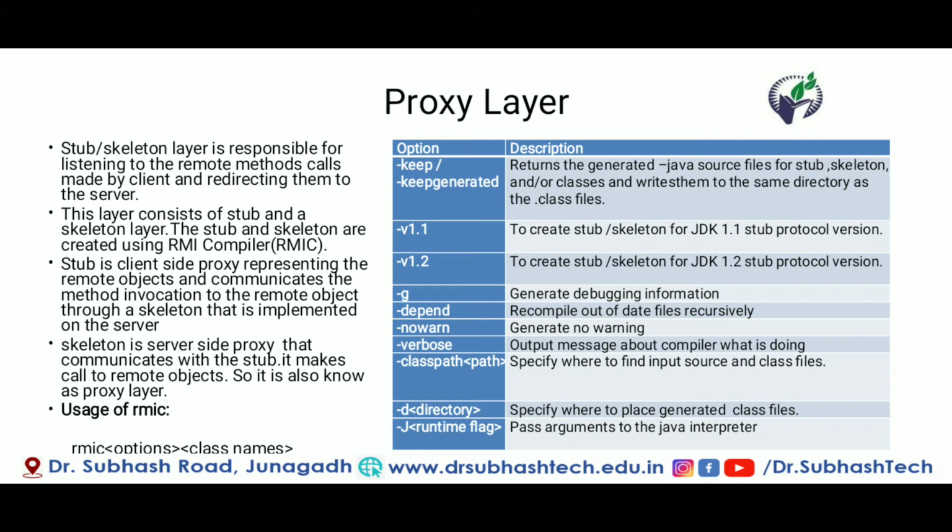Now the second layer is the proxy layer. We can also call it the stub or skeleton layer, because in this layer there are two objects, the stub and the skeleton, that are the remote objects on the client and server side. The stub and skeleton layer is responsible for listening to the remote method calls made by the client and redirecting them to the server.